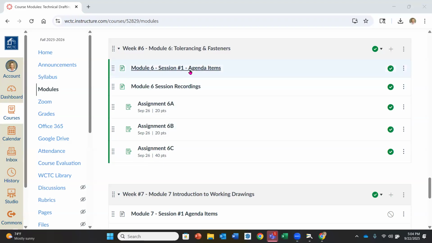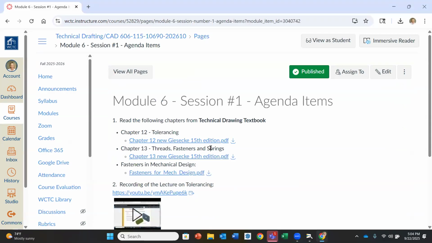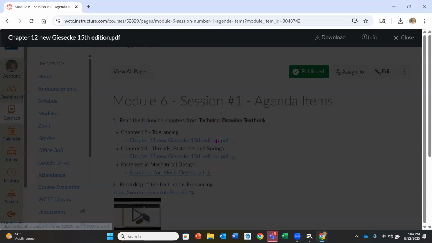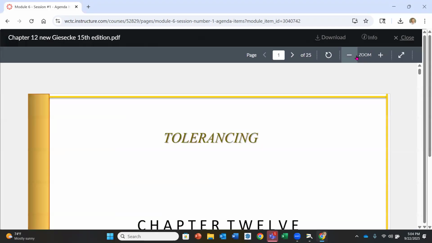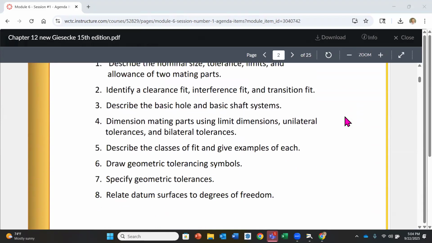So what I'm going to do is I'm going to head over to our agenda, and we are going to be looking at the tolerancing chapter out of our tech drawing textbook. So I am simply going to open up the PowerPoint presentation that goes along with chapter 12 in our book.